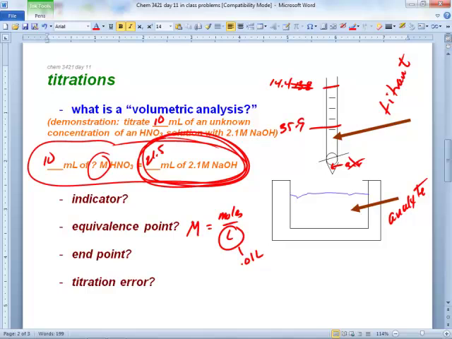And then we'll use the mole bridge in that reaction, the ratio, to go into moles of HNO3, and we'll have it. So start with the 21.5 mils of that NaOH, 1,000 mils in a liter. That 2.1, the 2.1 has to go on top, right? Because it's moles of NaOH.